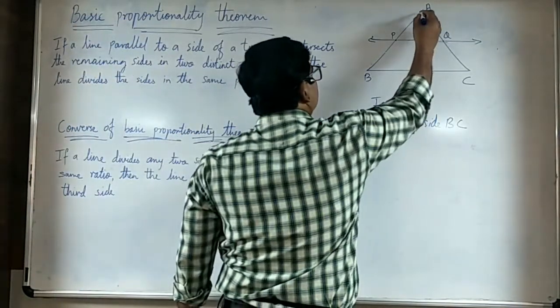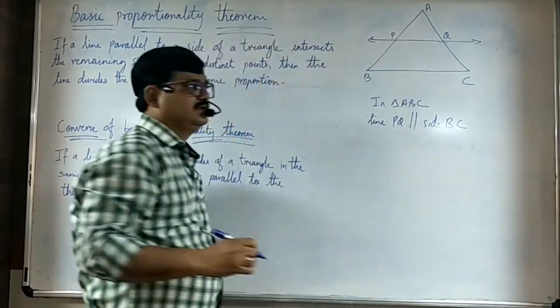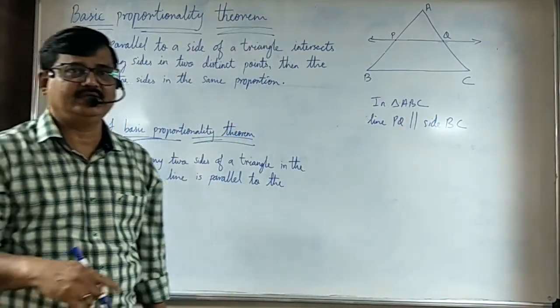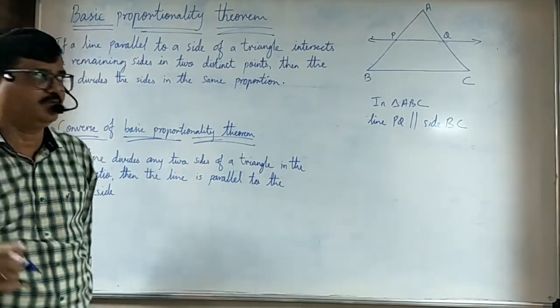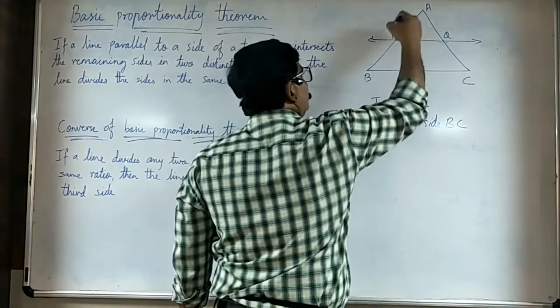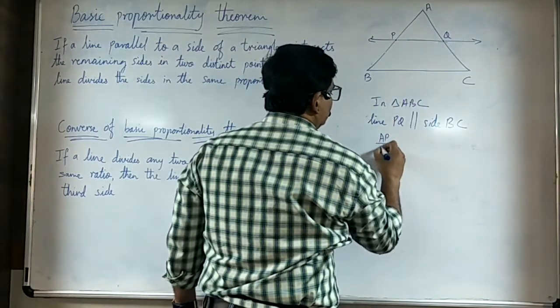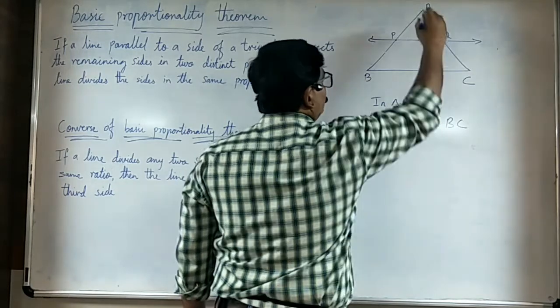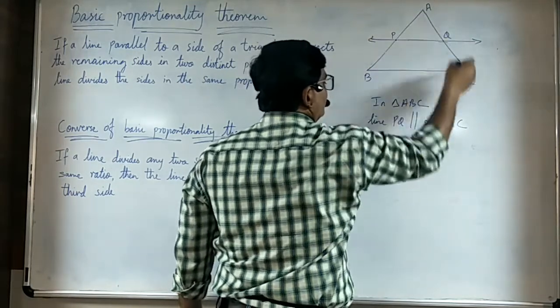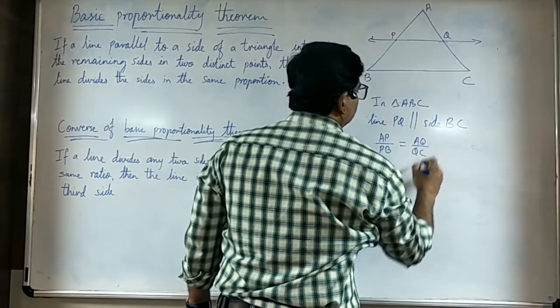What do you mean by proportion? That is AP upon PB. You have studied proportion in your algebra in 9th standard: A upon B is equal to C upon D. So here the sides are in proportion. So AP upon PB is equal to, on the other side also, AQ upon QC. Can you see this?